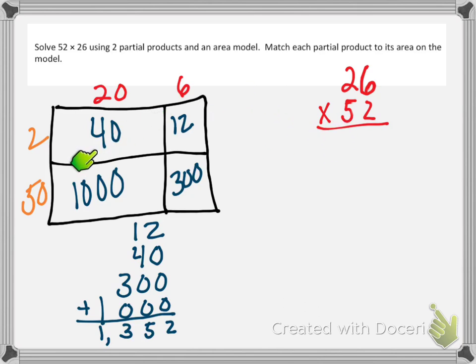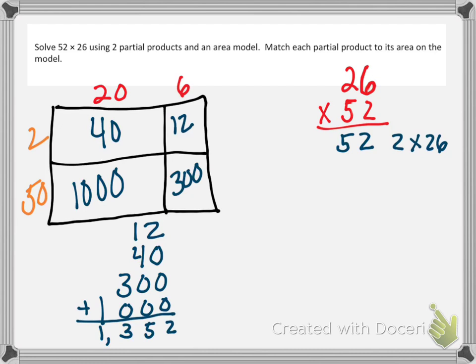Well, let's look at this. We've got 26 times 2. And if we do over here, 26 times 2, we had 40 plus the 12. So 2 times 26 gave us 52.